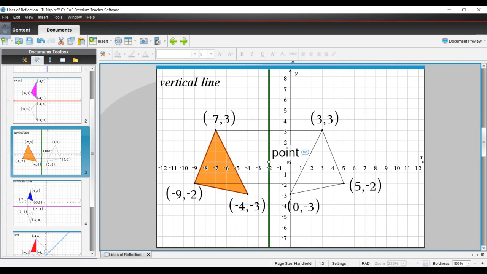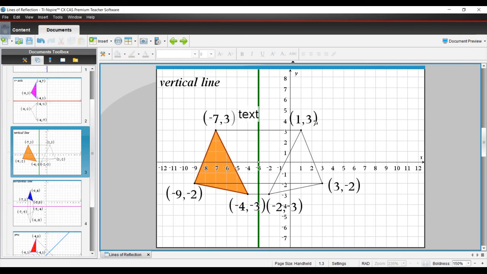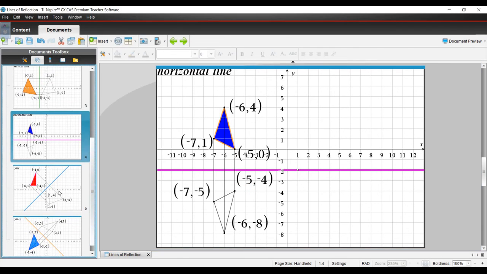Then we said we're going to look at any vertical line, and for any vertical line, those y values are the same, and the x values you just have to say are the same distance away from that line of reflection. And for any horizontal line, now it's those x values that are the same and the y values that are the same distance away from that line of reflection, right?